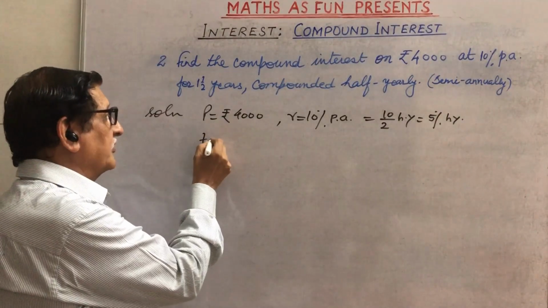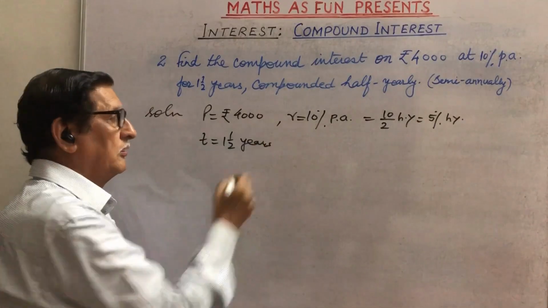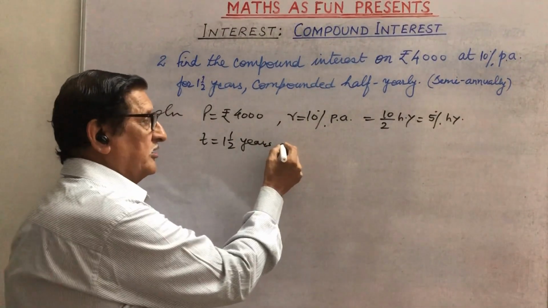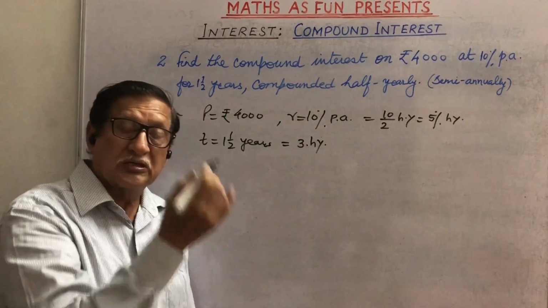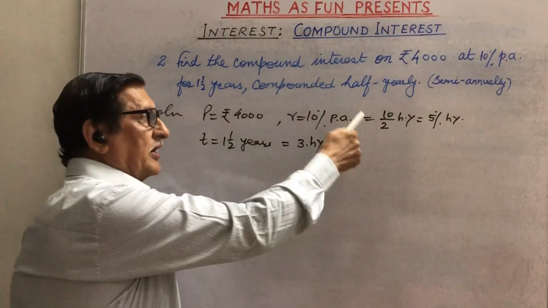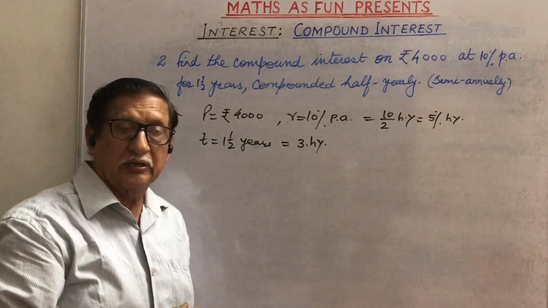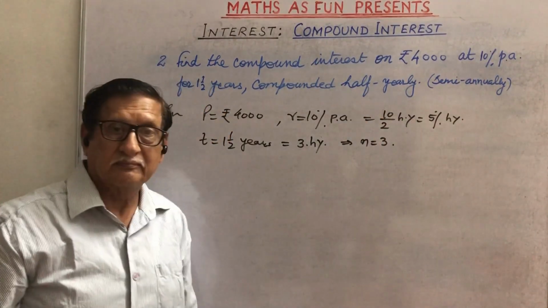The time you have been given here is 1.5 years. But we have to convert it to half years. How many half years? This is equal to 3 half years. It means in this case we have to divide the rate by 2 and multiply the time by 2. So we write here n is equal to 3.